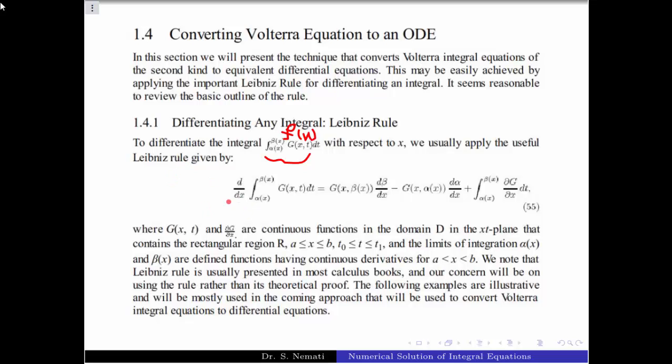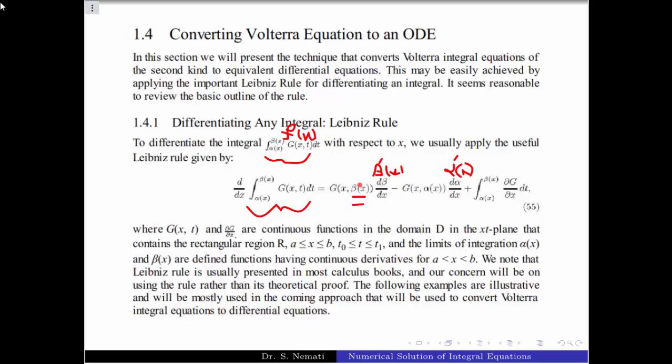What is the Leibniz rule? Let's check here. The derivative of this function with respect to the variable x is equal to g of x and beta of x times derivative of beta with respect to x, or beta prime of x, minus g of x and alpha of x times the derivative of alpha with respect to x, or alpha prime of x.